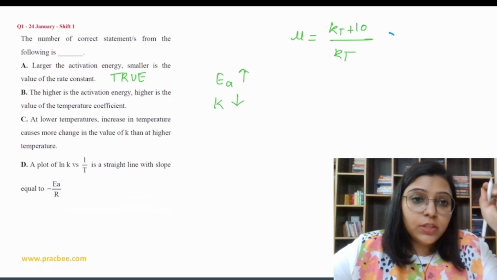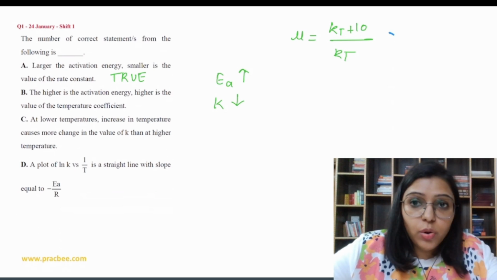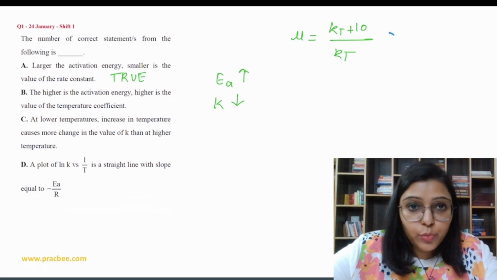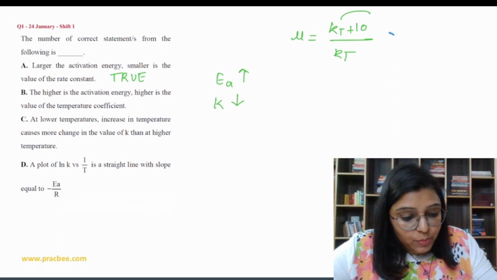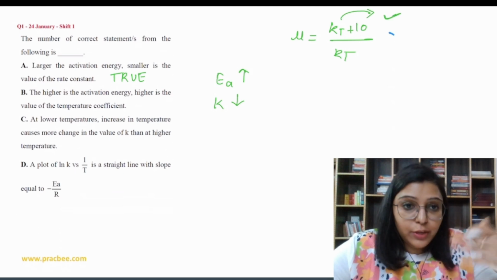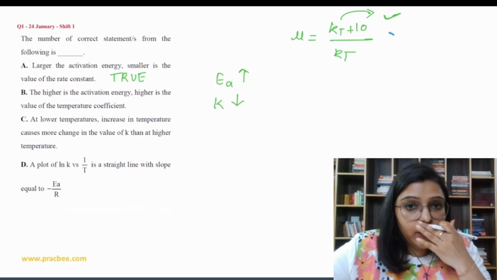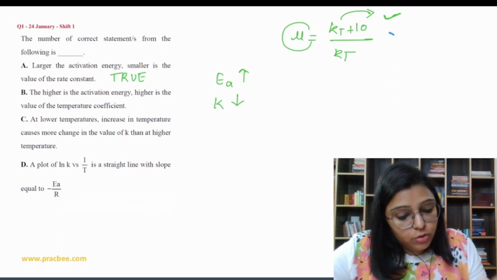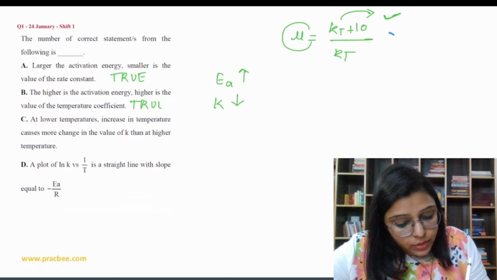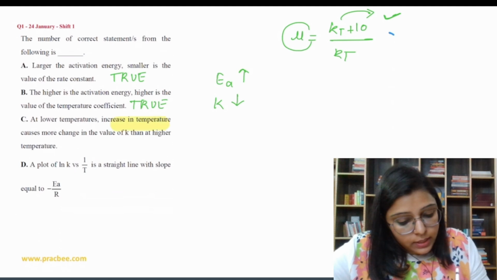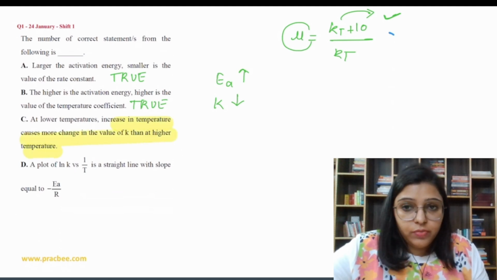So a very small change in temperature results in more K, and more K results in a more new rate constant. So if we have more rate constant, the temperature coefficient is also more. So this is true. At lower temperature, increase in temperature causes more change in the value of K. Yes, due to more effective collisions, we can say.